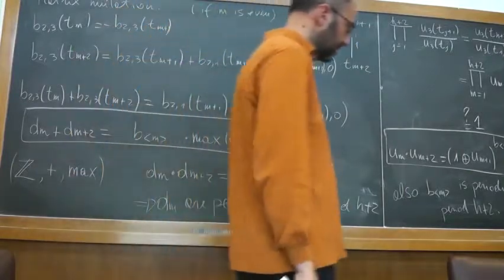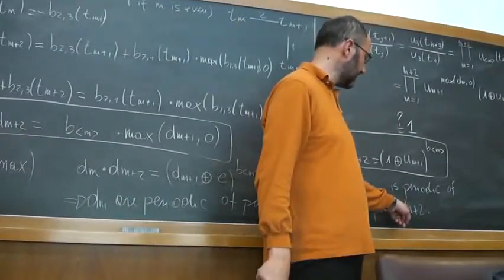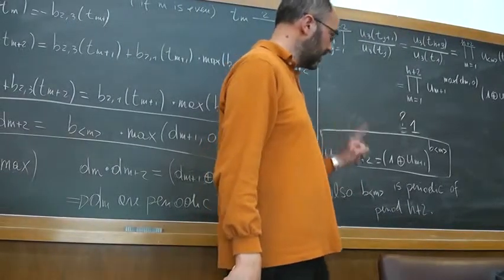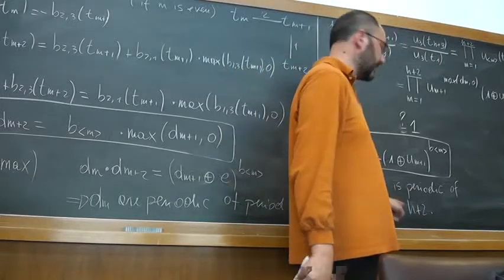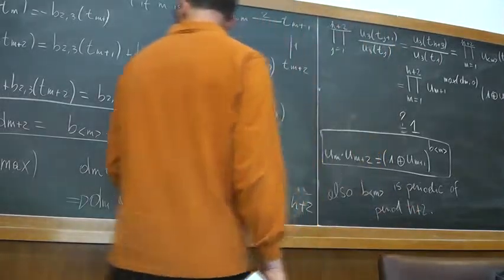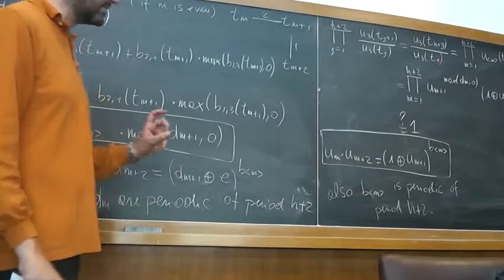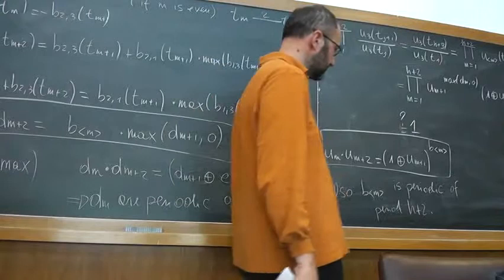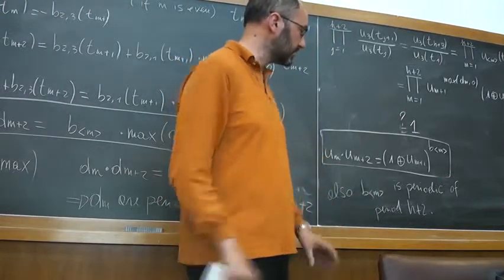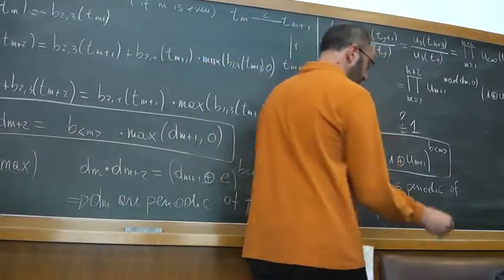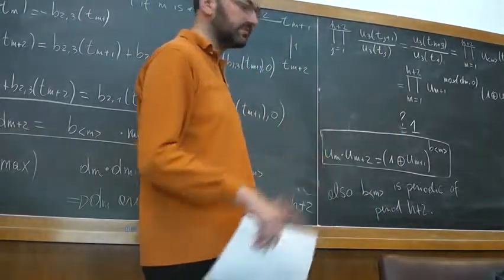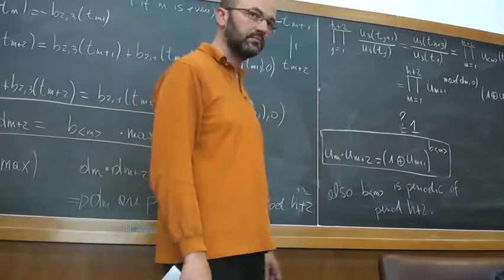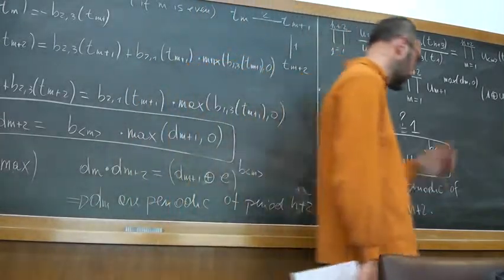If H is even, this is obvious. If H is odd, this is not trivial, but it happens in the only case where B1 is equal to B2. So the period is not the minimum period, it's just a period. Okay, I see. So it's not a minimum one.